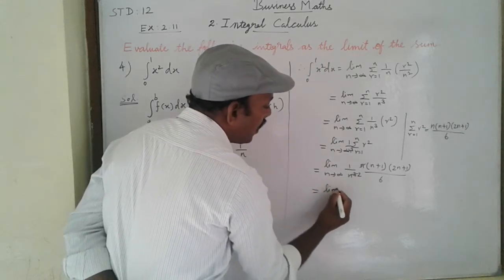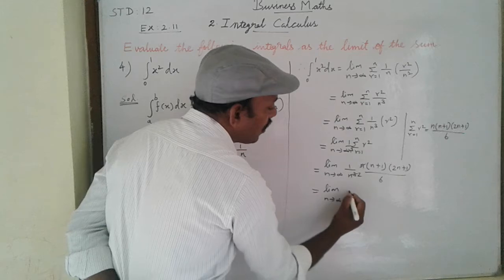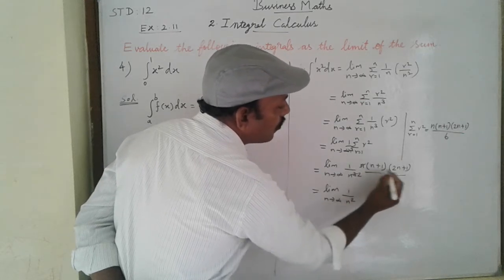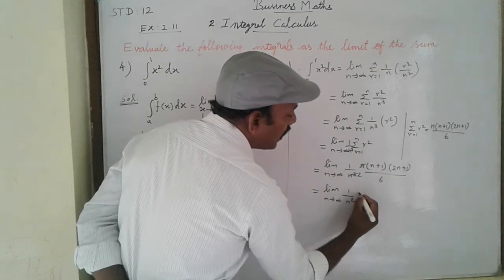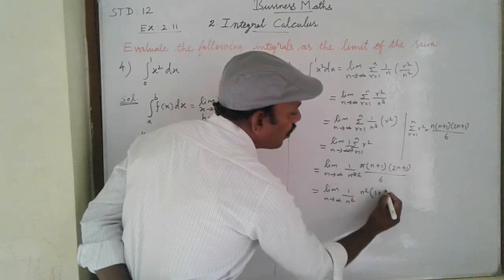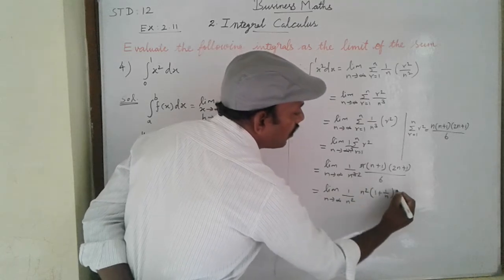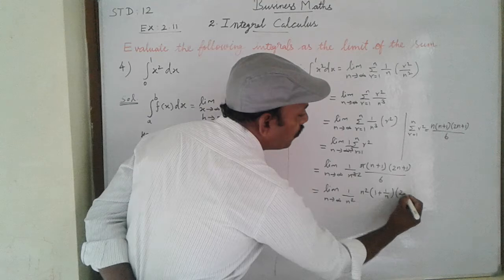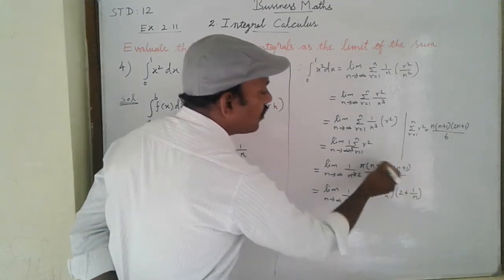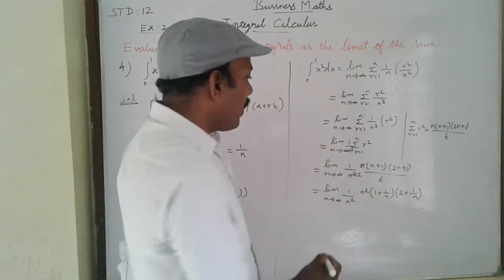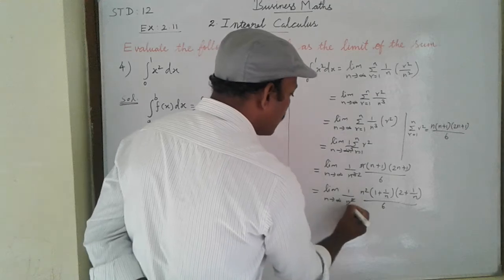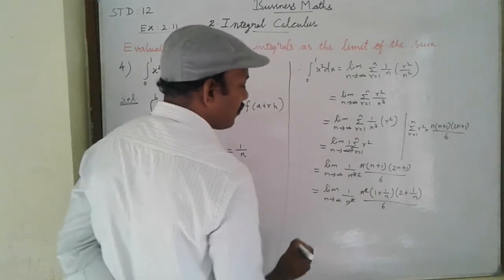Limit as n tends to infinity, 1 divided by n square. Here take n out, here also take n out: n into n square into 1 plus 1 by n, here 2 plus 1 divided by n. Take n common out, then n square divided by 6. n square cancels.